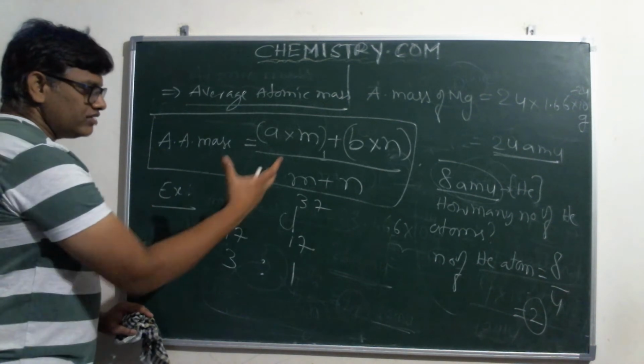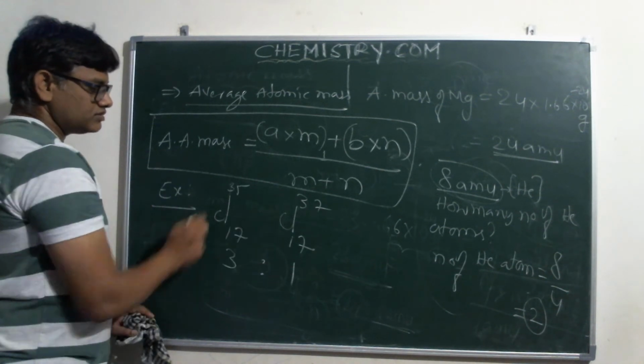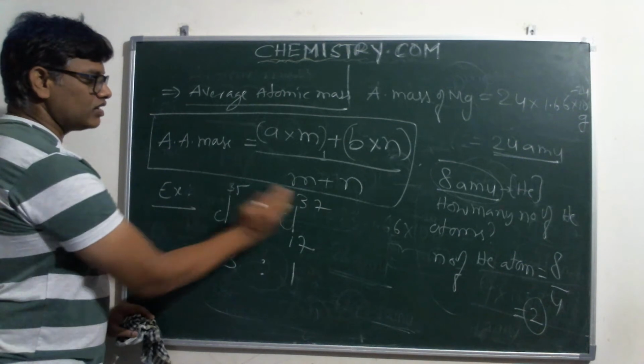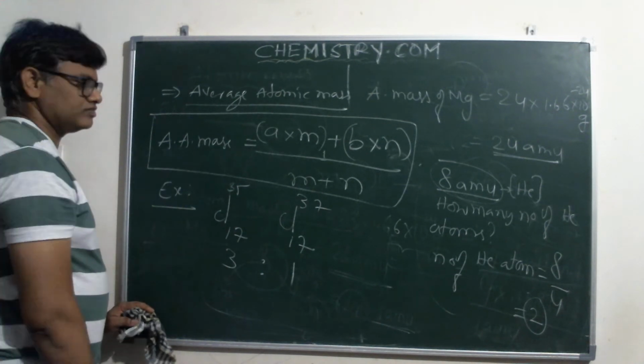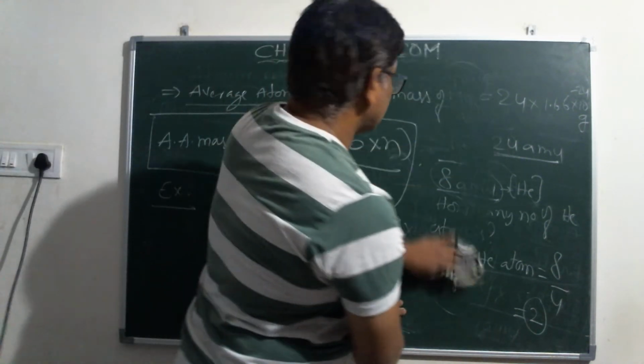Now let's calculate the average atomic mass for chlorine based on the isotopic existence of this element.